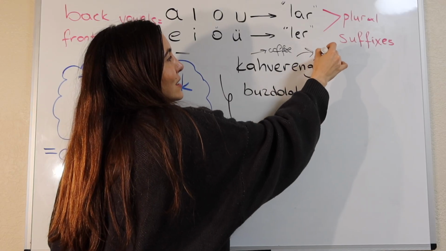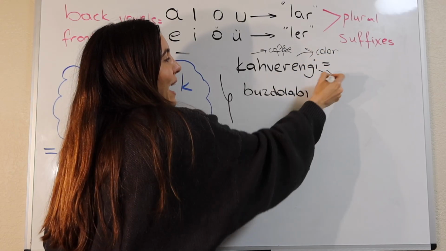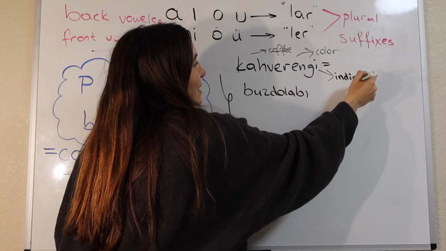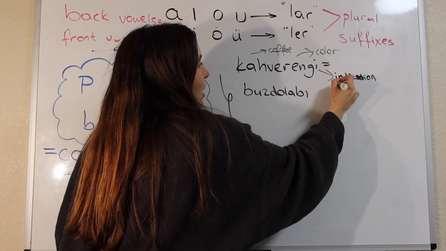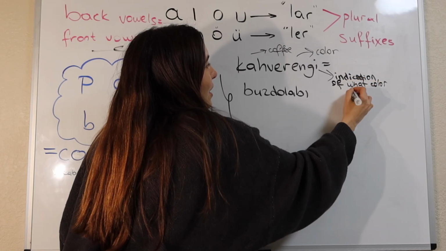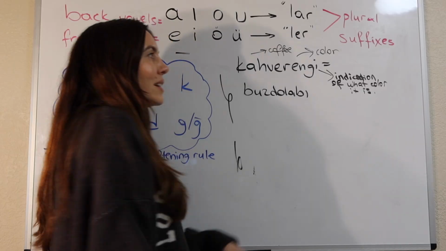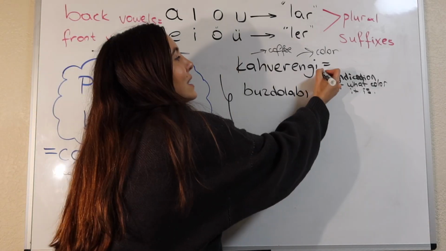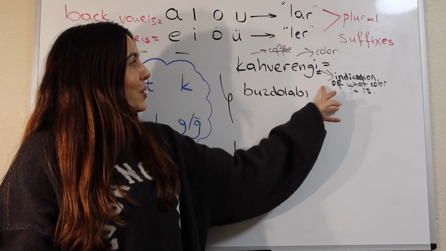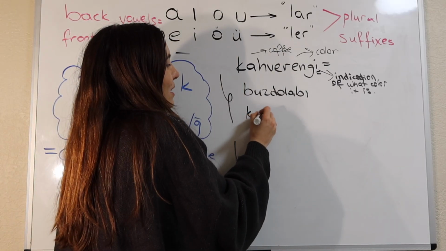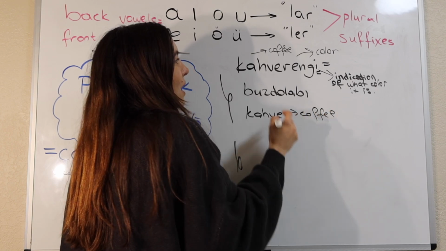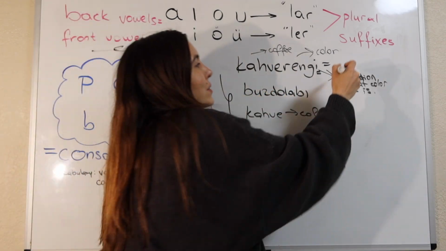Renk is color. Rengi again is an indication of what color it is. This I is a vowel. So kahve literally means coffee. Kahverengi means brown.